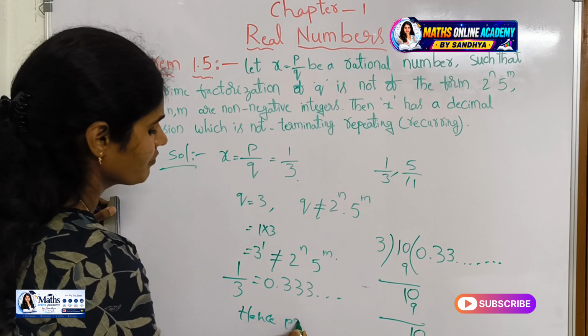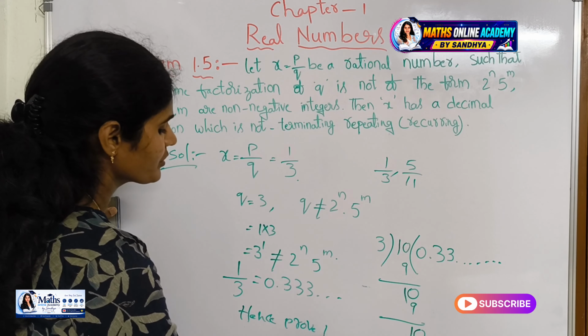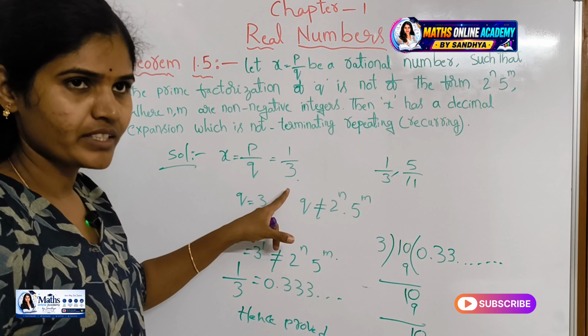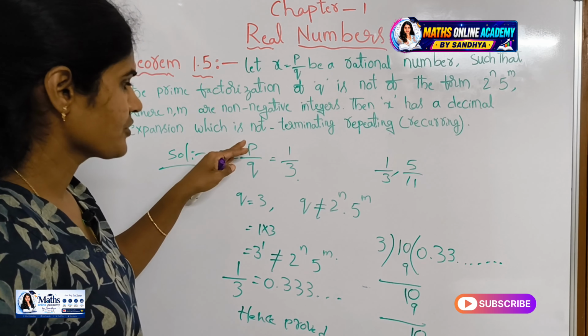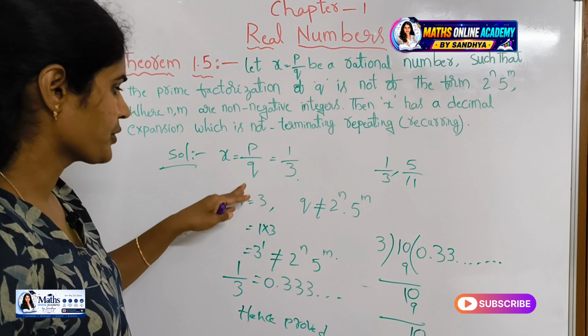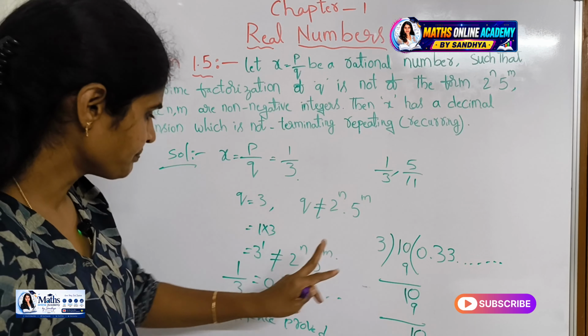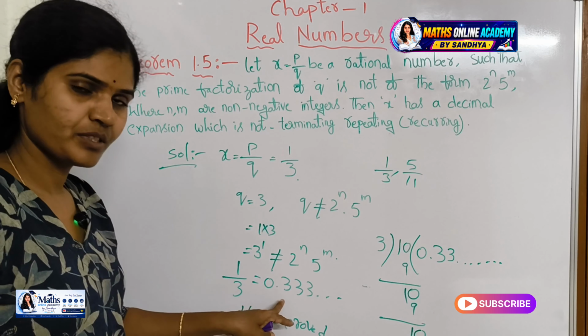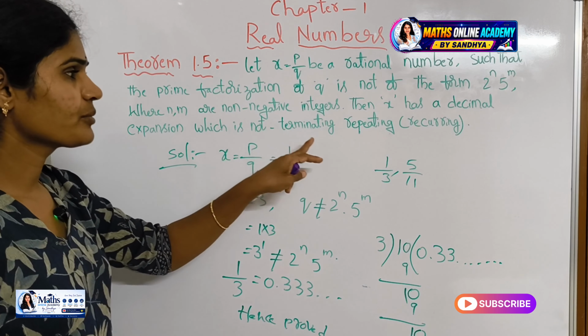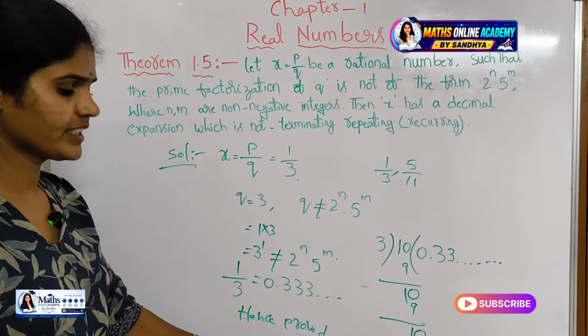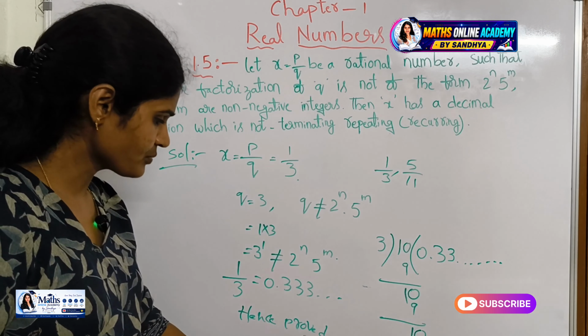We took one example, 1 by 3. We proved this is in the form of p by q and q is not in the form of 2 power n and 5 power m, and that decimal form is non-terminating, repeating decimals. So hence proved.